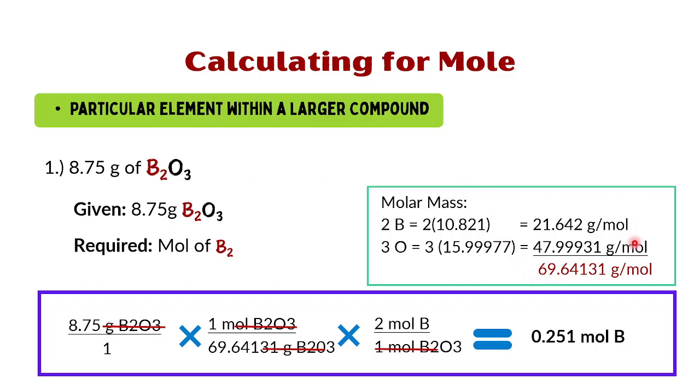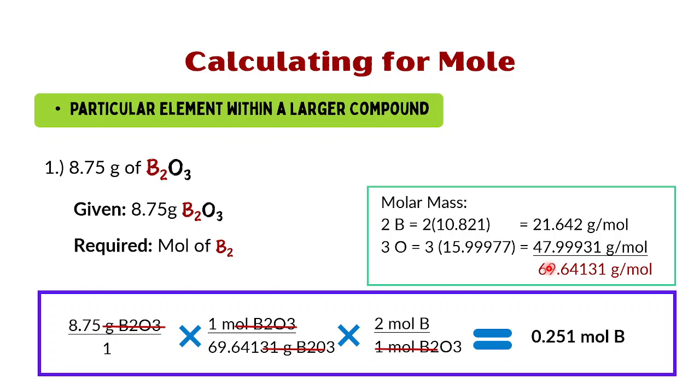And please don't forget, class, to always write the unit for molar mass. The label grams per mole should be visible. Because in other words, if you can see this one, we have 69.64131 grams per mole.